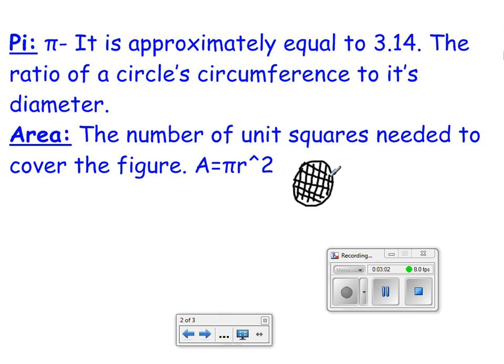And that would be area. That's the formula for area. We talked about pi, 3.14, radius squared. That means radius times radius. If you want to rewrite this, you can say area equals pi times radius times radius.